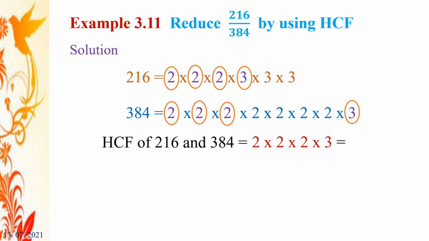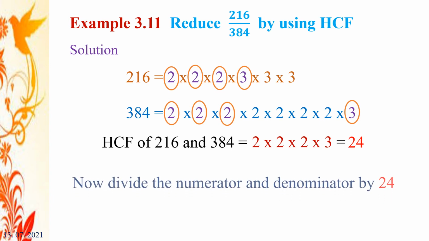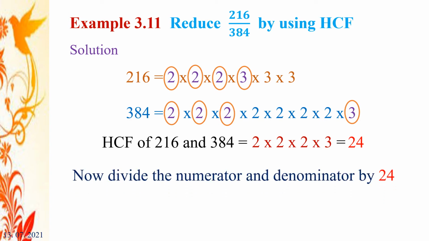Then 4 multiplied with 2, 8. Then 8 multiplied with 3 will get 24. Now divide the numerator and the denominator by 24. That means 216 divided by 384, divide the numerator and the denominator by 24. That means we'll get 9 by 16.